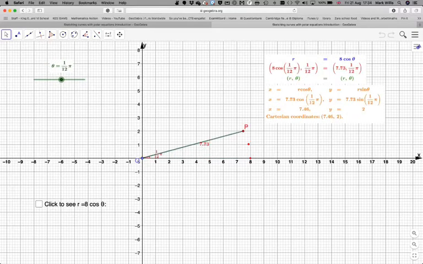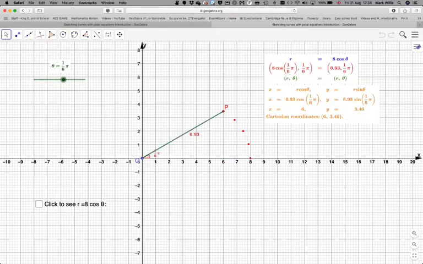So let's take a particular value. Let's take that one, that's quite a nice value. Here the angle is pi over 6. Remember polar coordinates are the value of r first, and then the value of the angle.